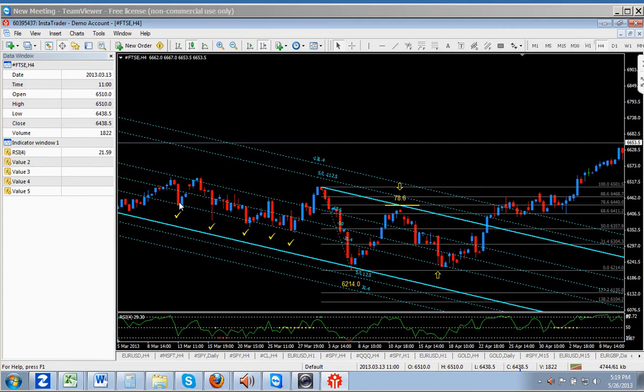Together with the compliance from March 13th, March 18th, March 21st, 25th, March 27th, you can trade the bounce on April 17th off that same level, which is the minus 31.4. So this is just another form of using this tool and looking for compliance. If you see compliance using it this way, then you can go with it.